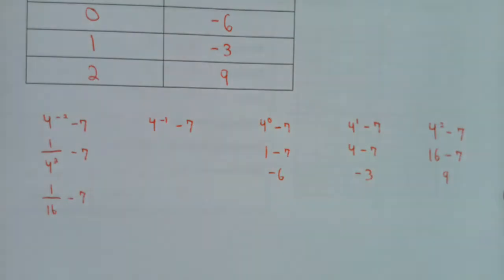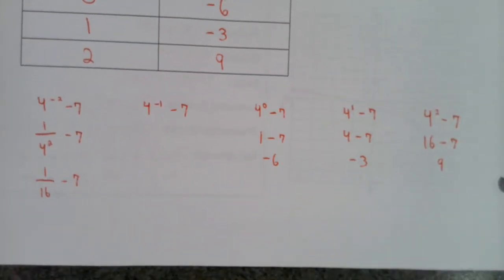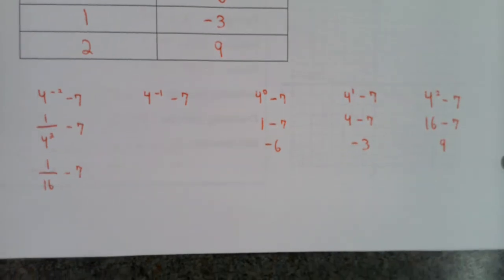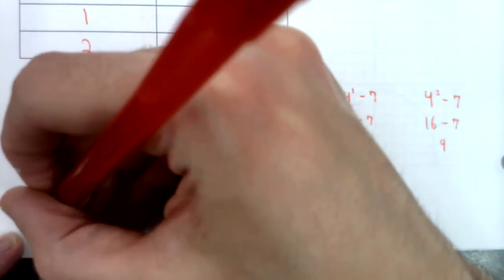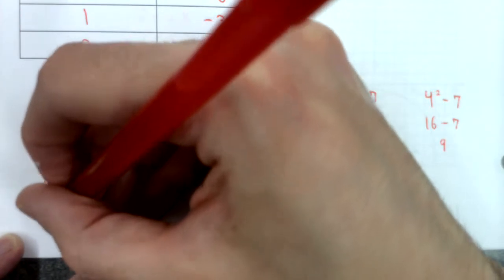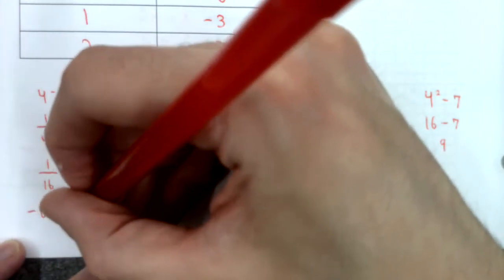Minus 7. So if you want to make that a decimal, you can, or you can just use fractions. I'll go with the decimal for right now. Let's say that's negative 6.9375.